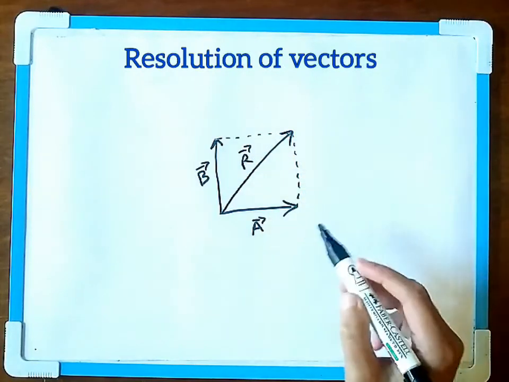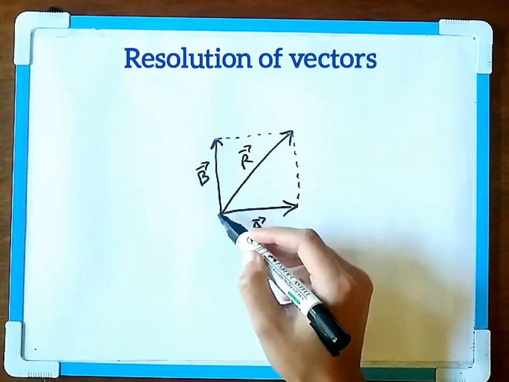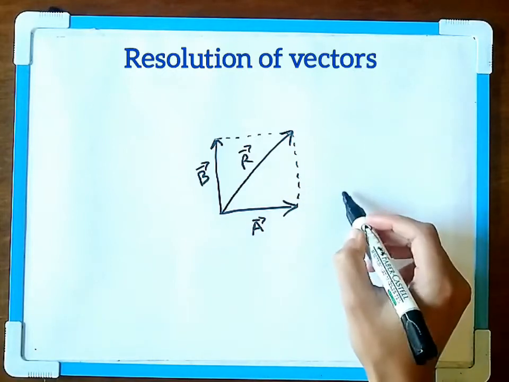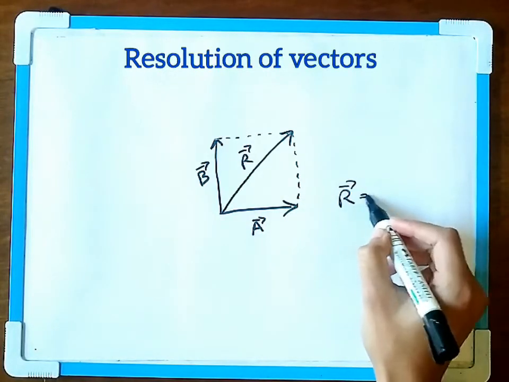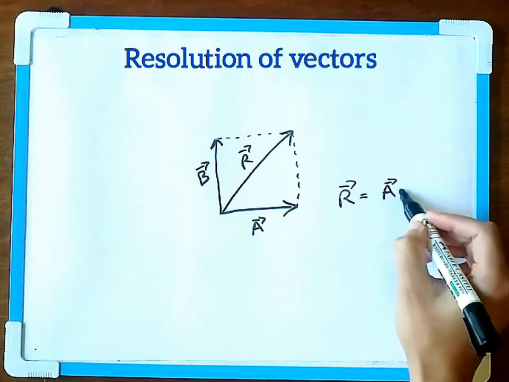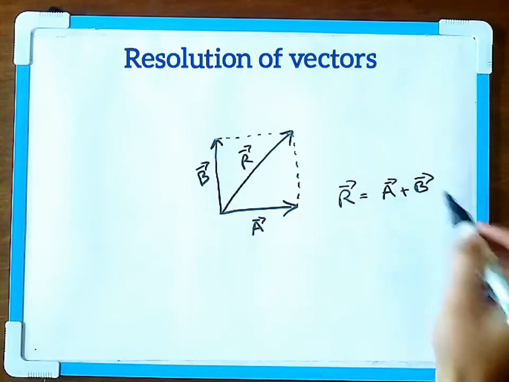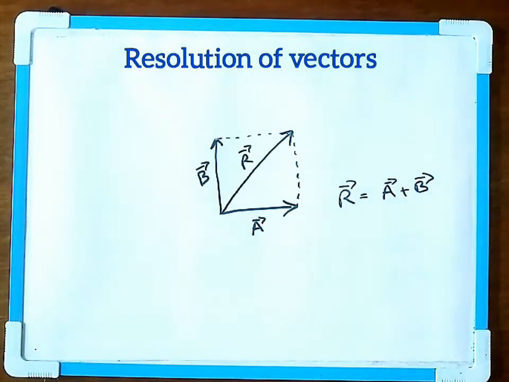So here A plus B will be equal to this diagonal R. Hence R is equivalent to A plus B. So this is from addition of vectors, adding two vectors.